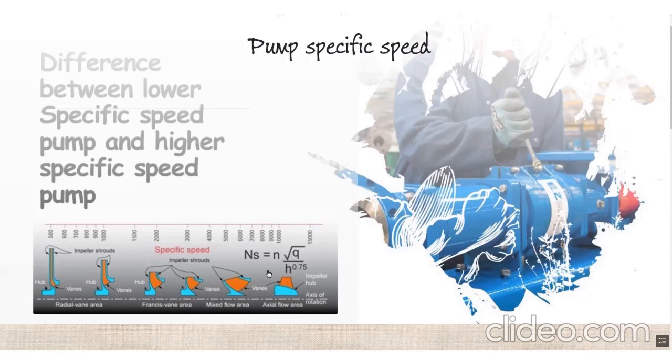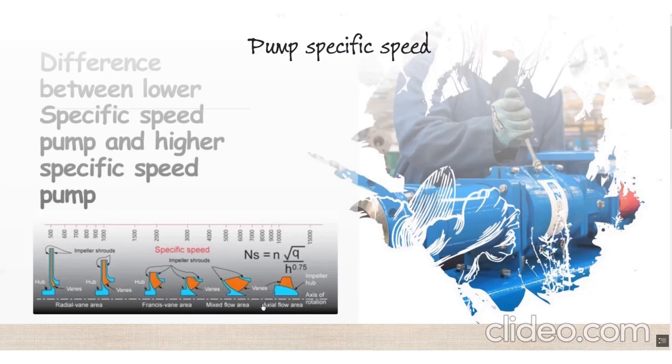So you can see in this picture the pumps having the lower specific speeds are normally radial vane impellers, and once we are moving to higher specific speed numbers, it starts from 500 going to 15,000.